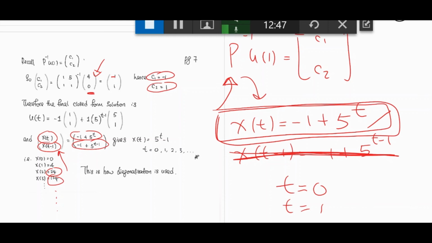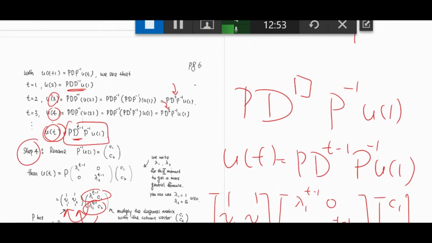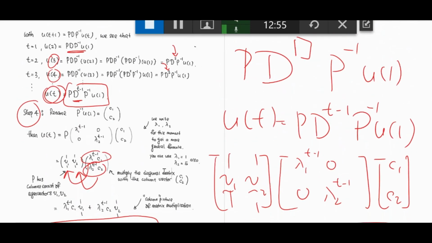And why does this work? Why does this method work? Well, it's because of the diagonalization process. Exactly where we use the property of diagonalization. We use it exactly here. If this matrix is not a diagonal matrix, this part here is going to be supermassive, okay?